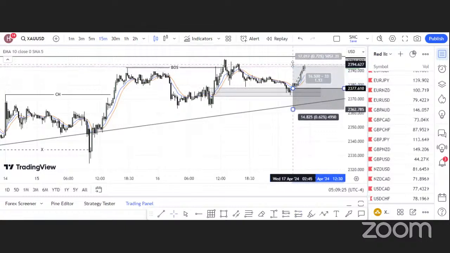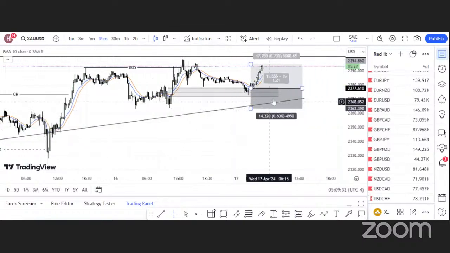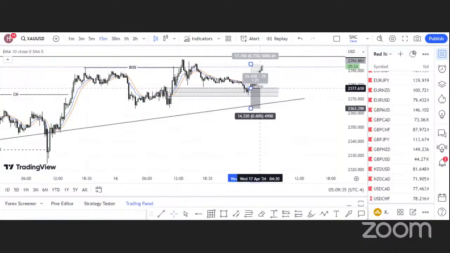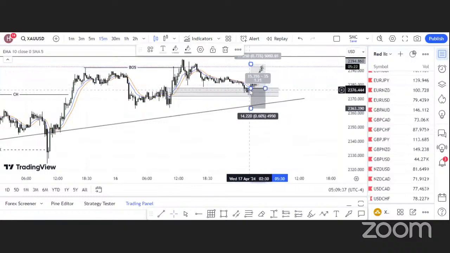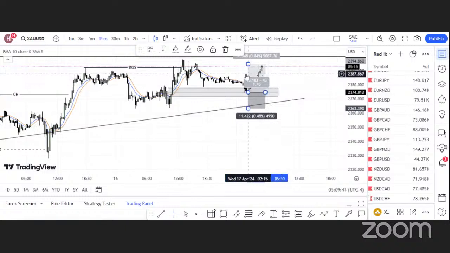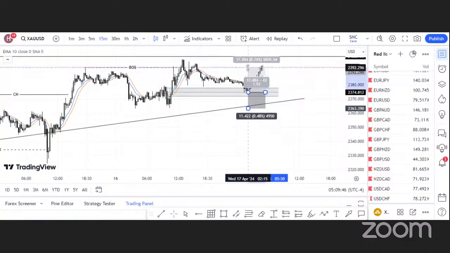This high here will be my take profit, and my stop loss is not going to be far. So this would have been my first take profit. We would have made money from this trade if we saw this entry earlier.